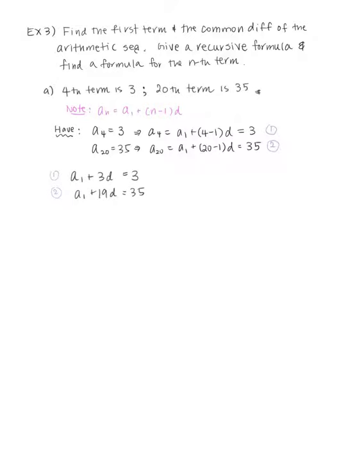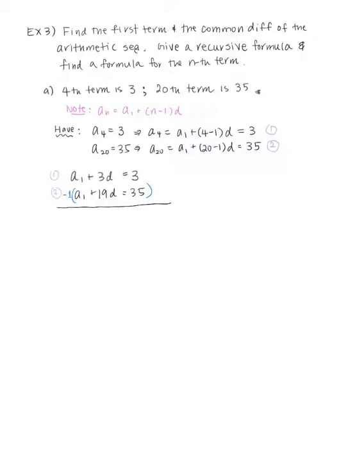Now let's take a look at that. That's nothing but a system of linear equations. So let's try to eliminate a sub 1 by multiplying the bottom equation by negative 1. Alright, let me rewrite.